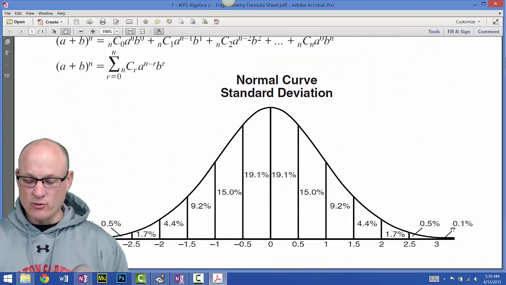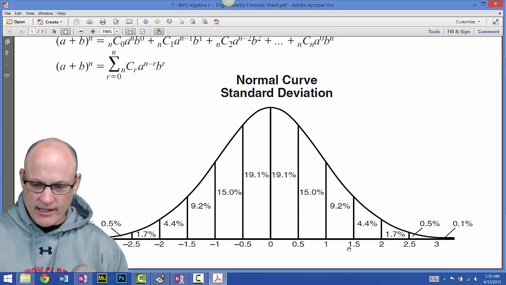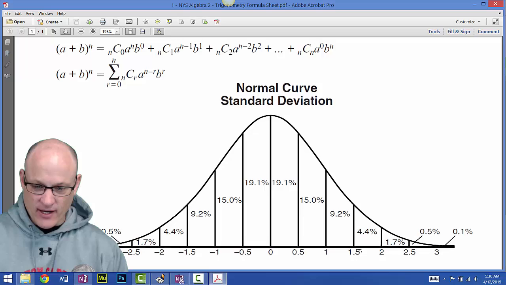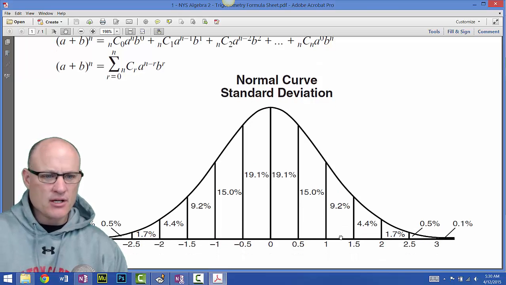Let's see. 0.1 and 0.5 is 0.6. 0.6 and 1.7 is 2.3. 2.3 and 4.4 is 6.7. So what I'm looking for is, I wish I could annotate, I need to come up with 1.5 standard deviations above the mean.